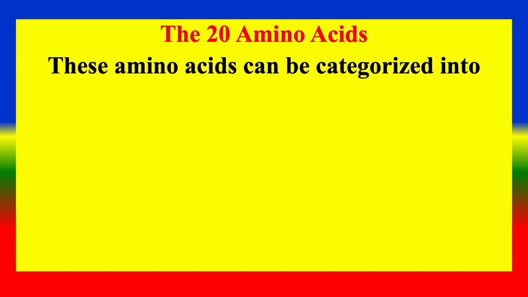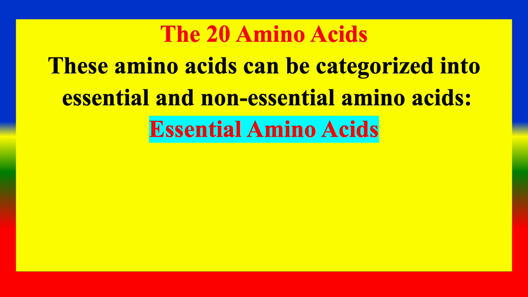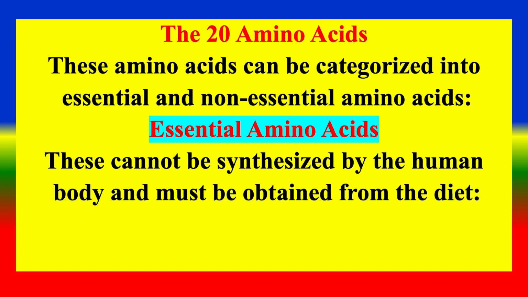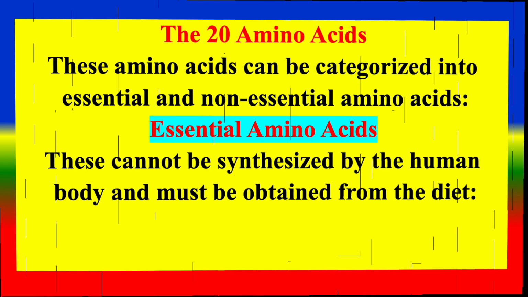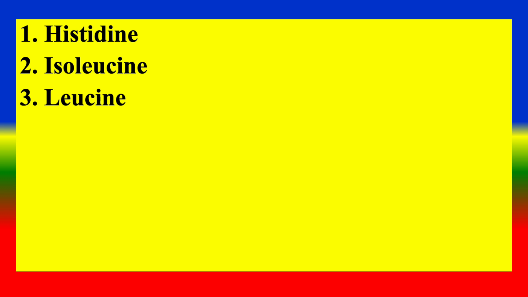The 20 amino acids can be categorized into essential and non-essential amino acids. Essential amino acids cannot be synthesized by the human body and must be obtained from the diet. 1. Histidine, 2. Isoleucine, 3.